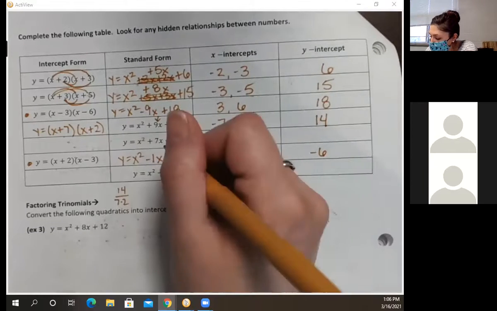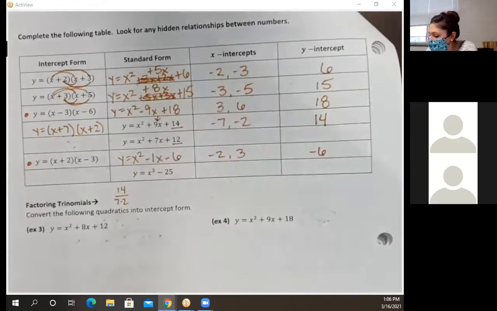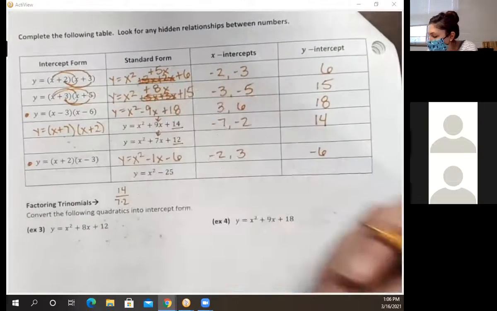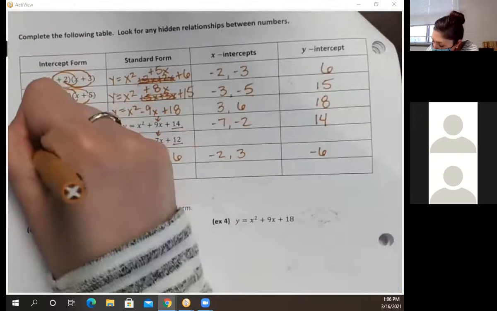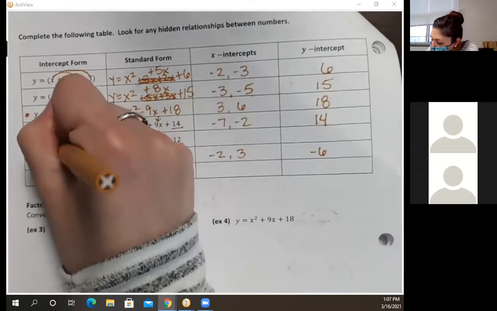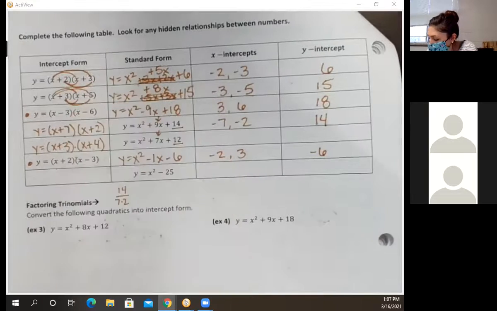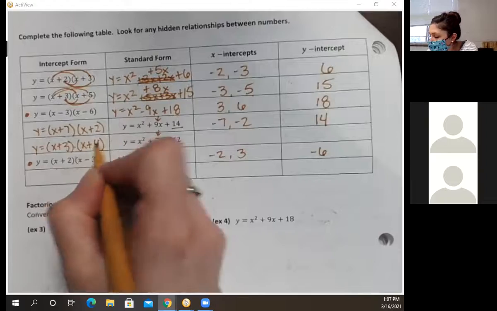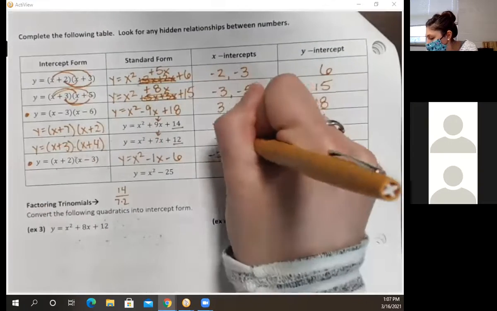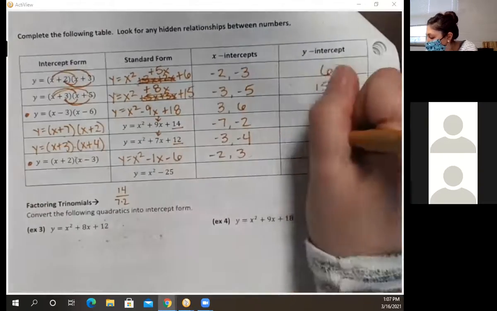Now I'm going to do the same thing for our next problem. I want to know what factors of 12 add to 7. 3 and 4. So this would be y equals x plus 3 times x plus 4. My x-intercepts then will be negative 3 and negative 4. My y-intercept is 12.